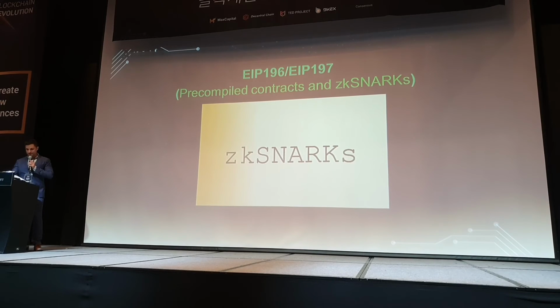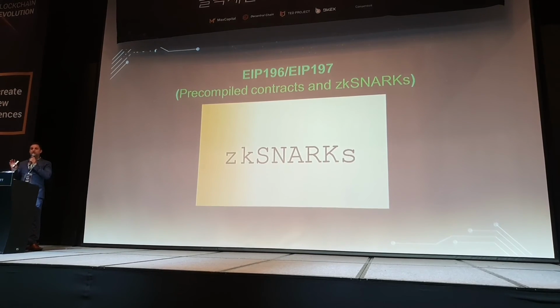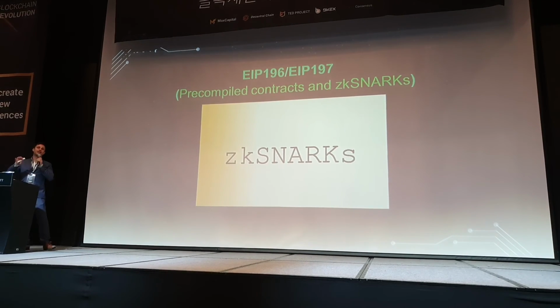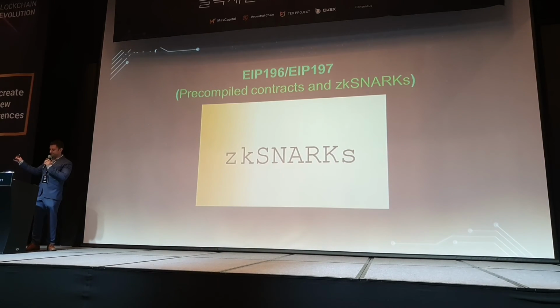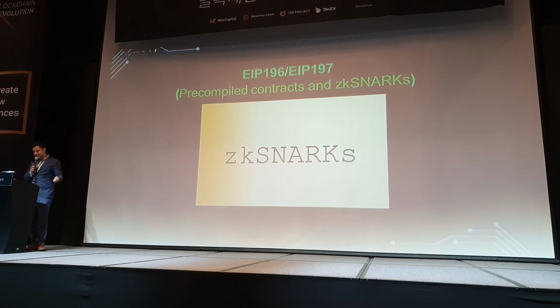And finally, we have something called ZK SNARKs, which stands for Zero Knowledge Succinct Non-Interactive Argument of Knowledge. It's a very long name, but the idea is actually very simple. It's basically a zero knowledge proof. It implies that no interaction between prover and verifier is needed, which allows someone to prove X without having to convey any information to the verifier other than that they know X.